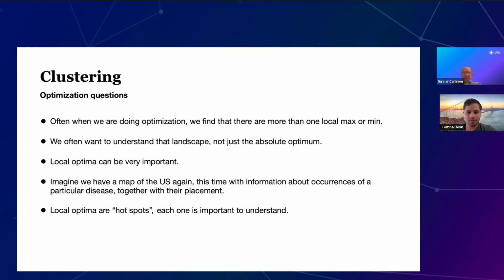What that means is that we want to understand the landscape, not just the absolute max or min. Local optima can be very important. So in this case, we're going to show you a map of the US again, this time with occurrences of death from pancreatic cancer together with their placement, the local optima or hotspots.